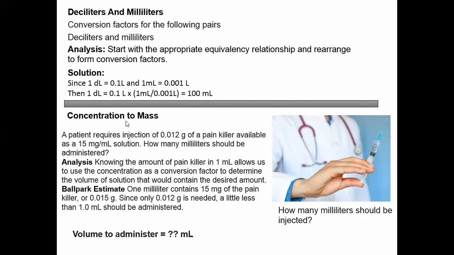This is a little bit early to do this, but let's just do it before we go to concentrations. Let's look at this very simple example and you understand how we convert some amounts. For example, it's given that a patient requires injection of 0.012 grams of painkiller, which is available as 15 milligram per milliliter solution. The question is how many milliliters should be administered?